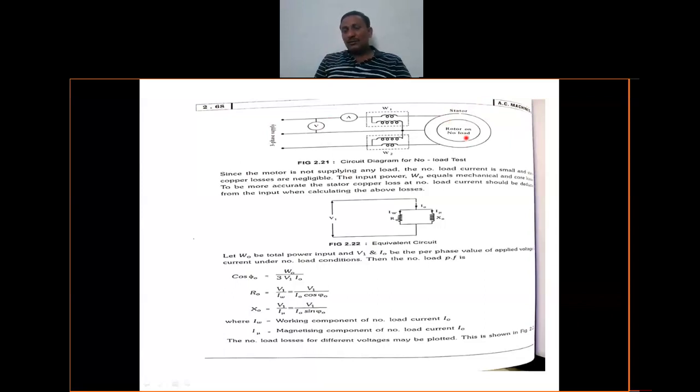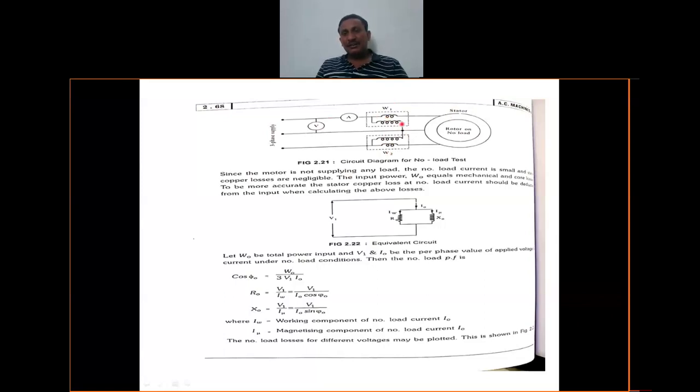Here we use the two wattmeter method: two wattmeters, W1 and W2. This is the current coil of the wattmeter and this is the pressure coil. The current coils are connected in series and the pressure coils are connected in parallel.